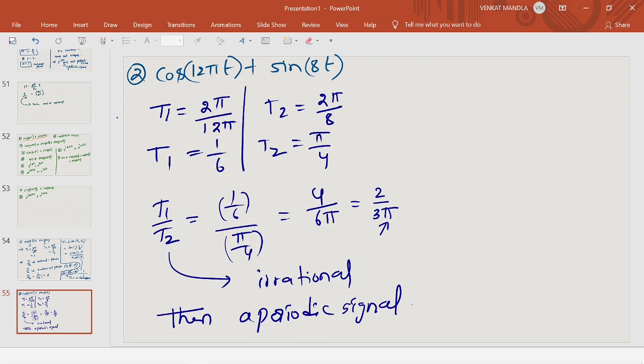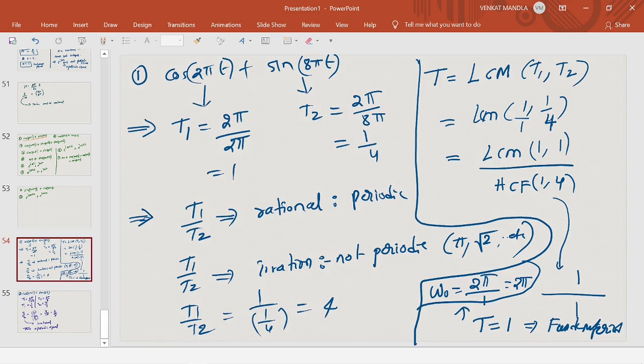But the addition of these two periodic signals need not be a periodic signal. In the first case, the two were individually periodic and their addition also led to a periodic signal with a common period T equal to 1. So the addition of two periodic signals need not be periodic.